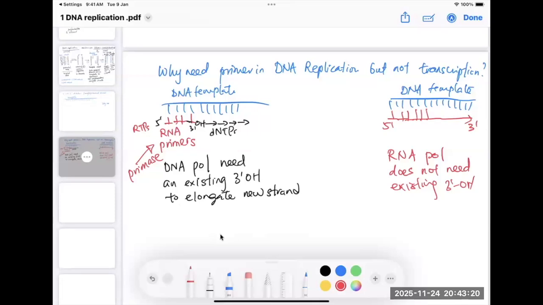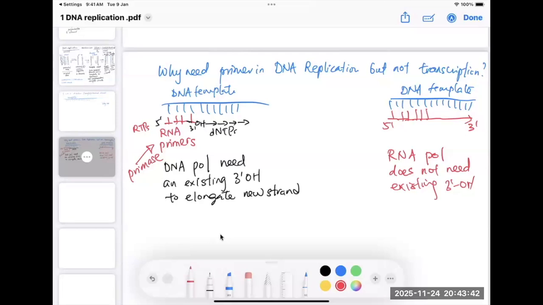You understand now? Why do you need to have that additional step? RNA pol, no need. RNA pol straight away, nothing there, right? They can straight away add. But DNA cannot. So that's why they need to put the RNA first as a short primer.